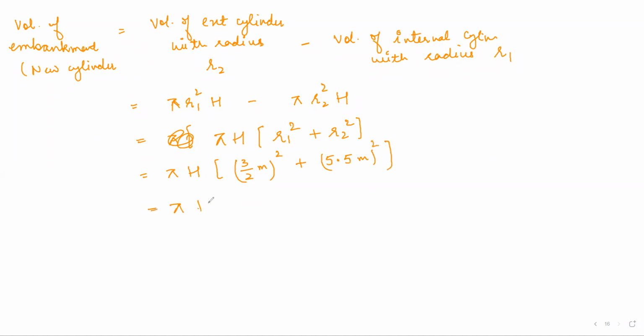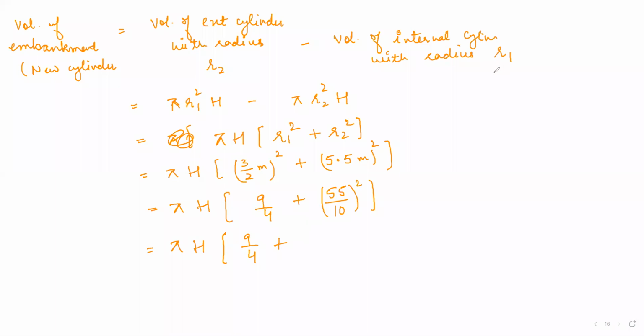So this is pi into h. That is 9 by 4 plus, I can write it as 55 by 10 whole square, right? That becomes pi into h, and then 9 by 4.